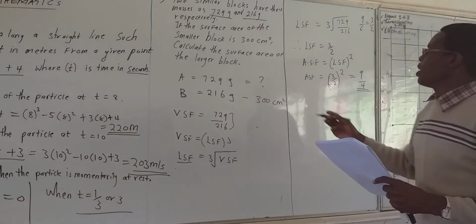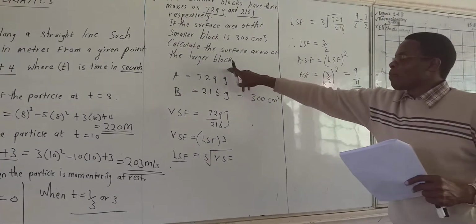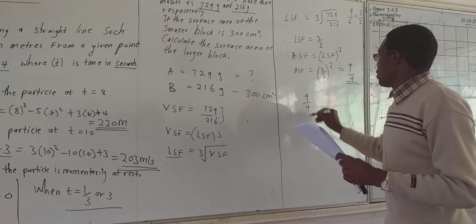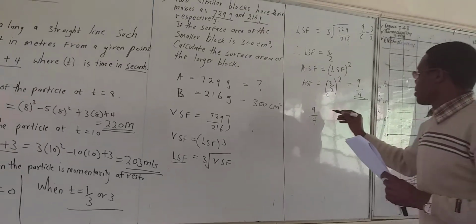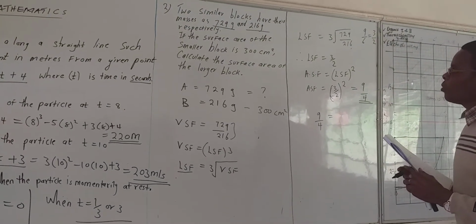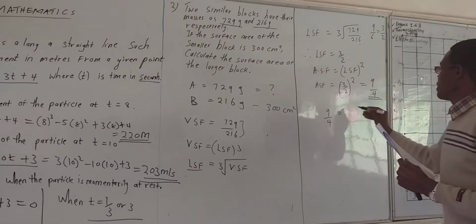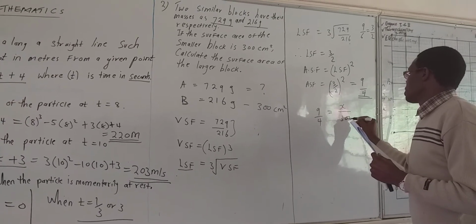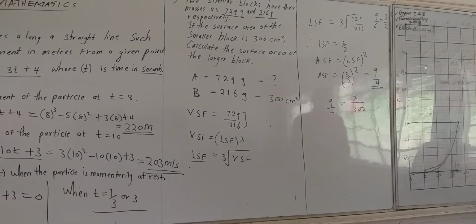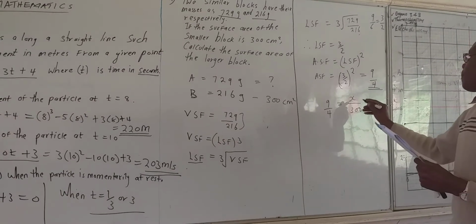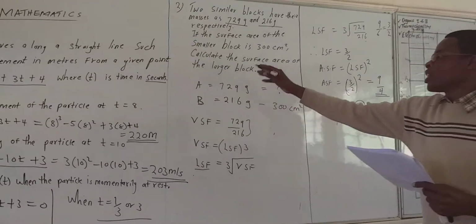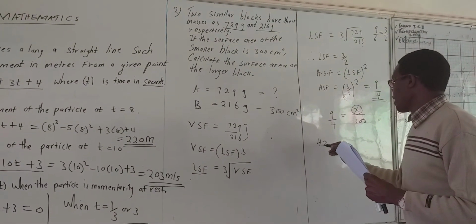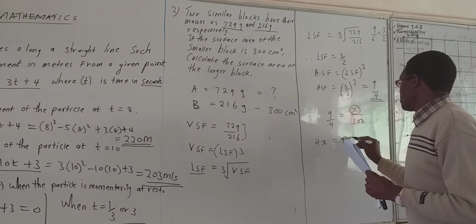So for us to find the surface area of the larger block, we say 9 over 4 is the same as x over 300, where x is the surface area of the larger block and 300 is the surface area of the smaller one. We cross multiply, so 4x is the same as 9 times 300.